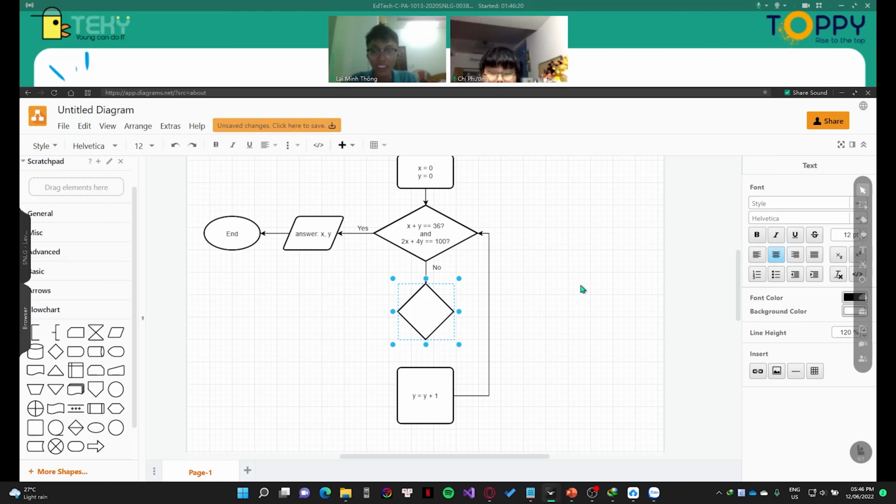So here's the thing. The total number of animals is 36, right? So is x or y allowed to be greater than 36? Is that allowed?